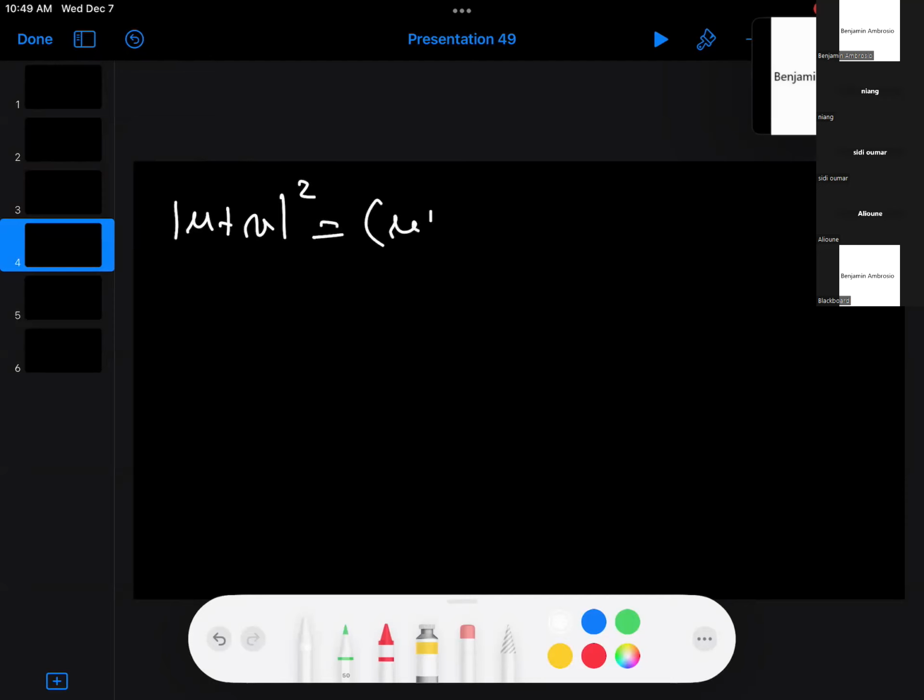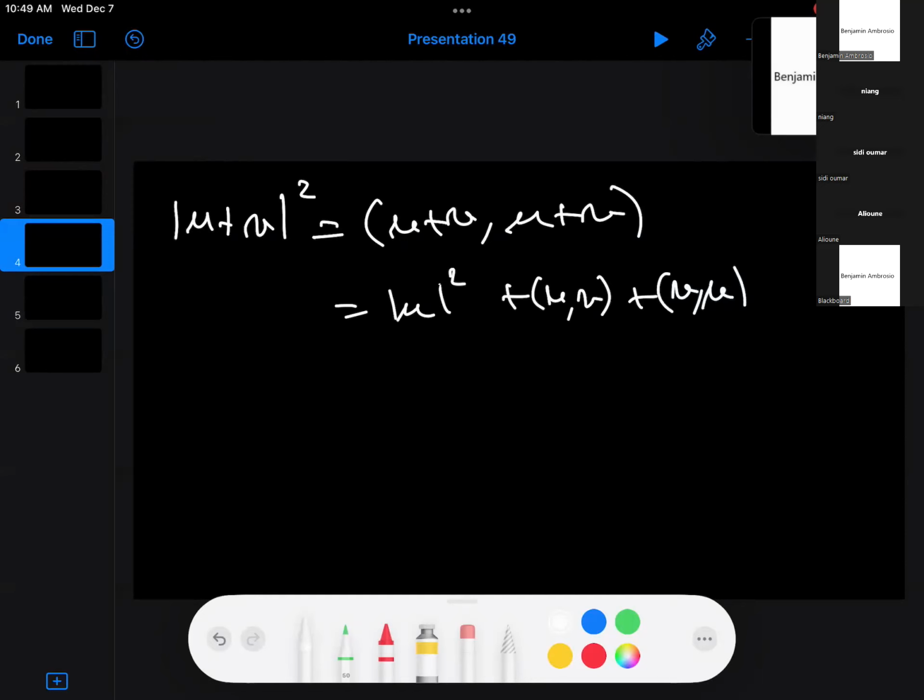Let's look at u plus v square. So this is u plus v, u plus v. And so this is u square plus uv plus vu plus v square. But by symmetry, this is u square plus 2uv plus v square.